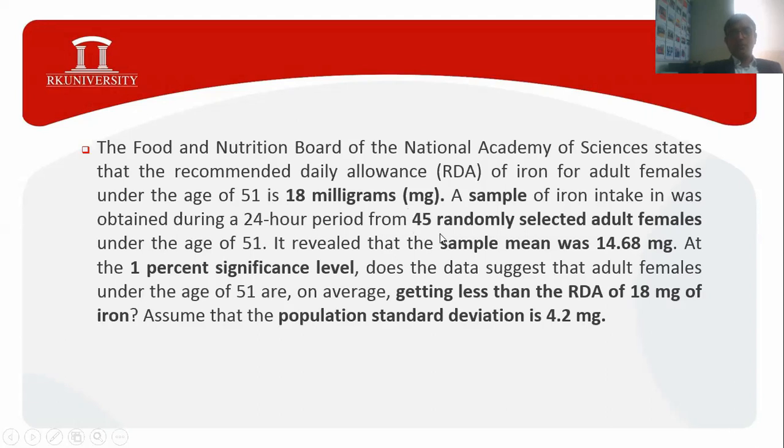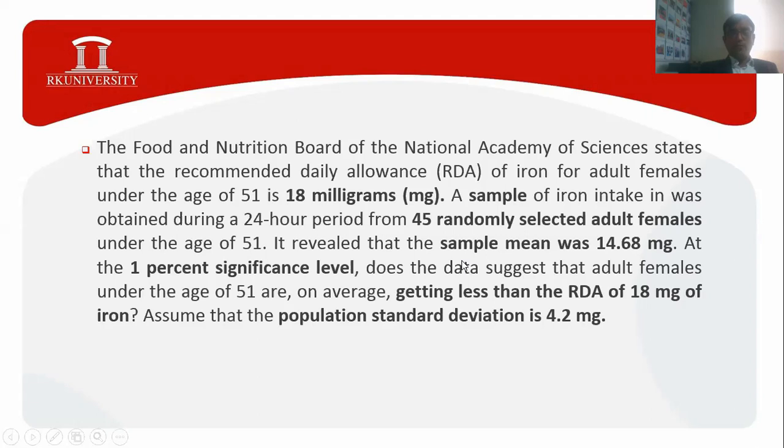The size of the sample is 45 and the population standard deviation is also given, which is 4.2. So the first step is to state the null and the alternate hypothesis. The null hypothesis here is mu equals 18 milligrams. The alternate hypothesis, since we want to prove it is less than the recommended daily allowance, is mu is less than 18 milligrams.